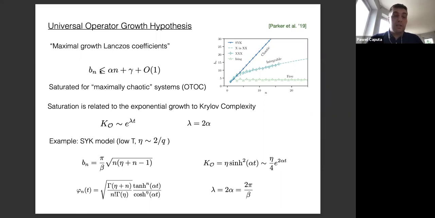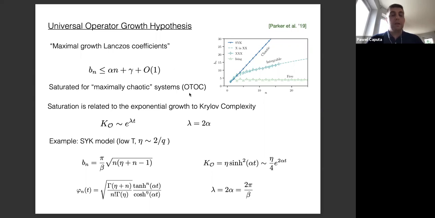And they noticed that there's a saturation of this bound for the growth of Lanczos coefficients that happens for maximally chaotic systems. And this maximal chaos, what they define is reminiscent of the so-called out-of-time-ordered correlators. These are some recent probes of quantum chaos that have been used in holography, but by now they are lifted to all many-body systems.